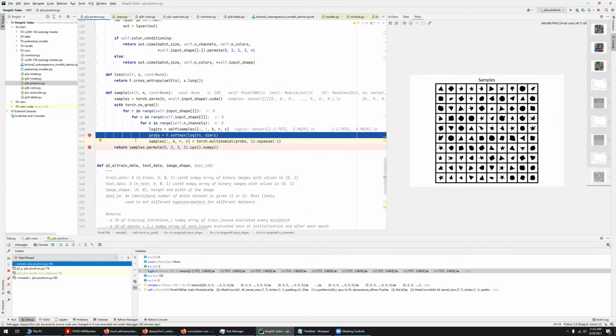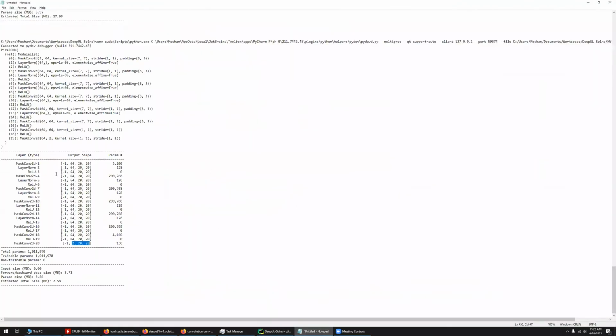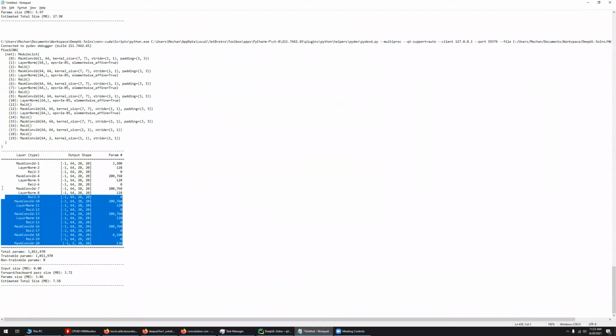Yeah, and I think that's the main difference between MADE and Pixel CNN, at least in this one, is that the mask has to be used in a CNN, and then we have a very much deeper network. Each one has to have its own mask, and here they've gone over, and so each.